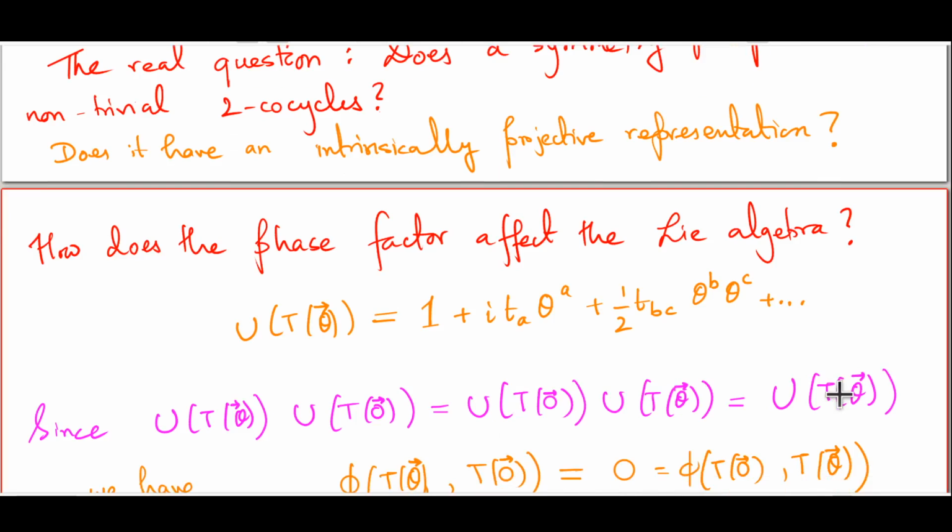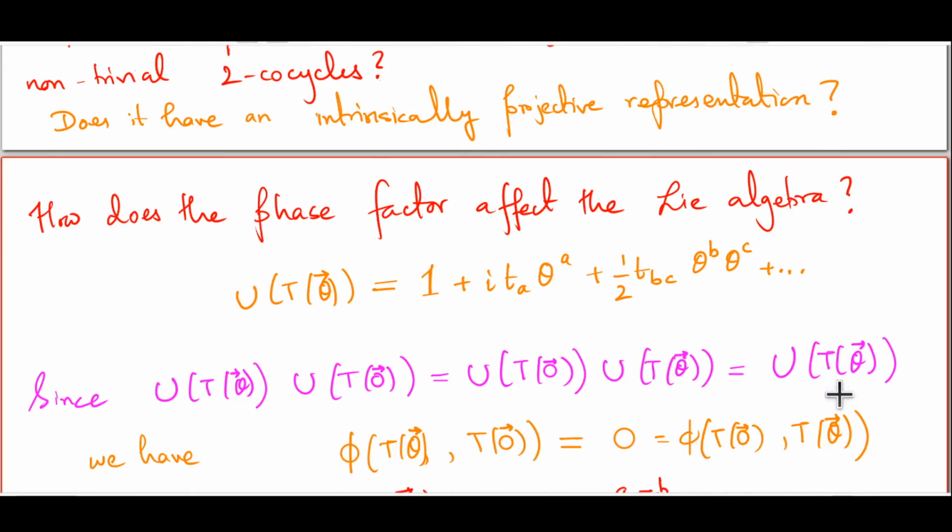In other words, the phase factor phi must vanish when one of the two operators involved happens to be the identity. So phi of T of theta, T of 0 is going to be 0. So is phi of T of 0, T of theta.